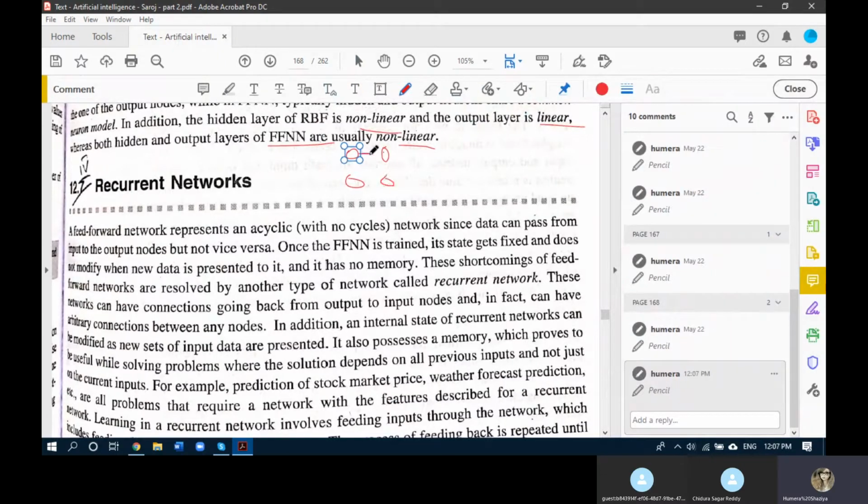What happens? Information comes like this, and information also goes to other nodes like this. There is a cycle.